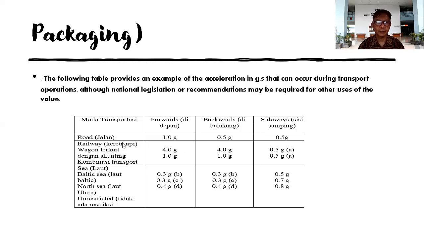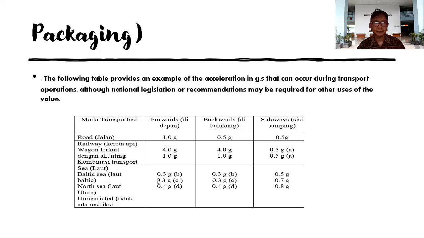You can see on the road, forward is 1 g, backward 0.5 g, sideways 0.5 g, the effect of road. On the railway will be higher, could be 4 g for forward, but also something could be 1 g, and backward 4 g, something 1 g, sideways 0.5 g, same with something or transport combination.